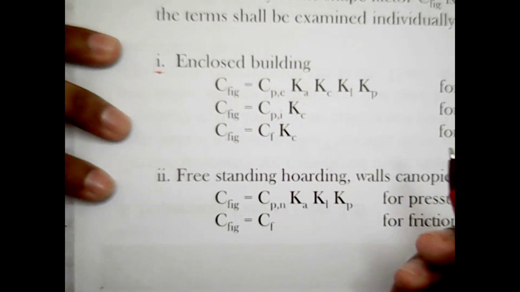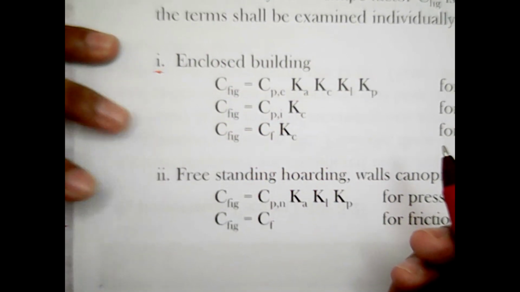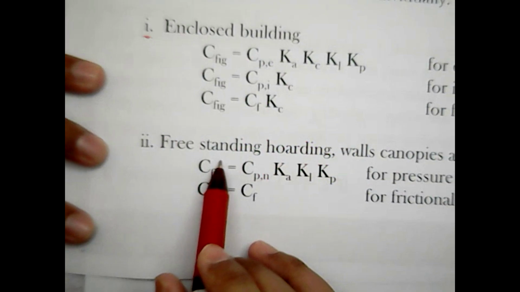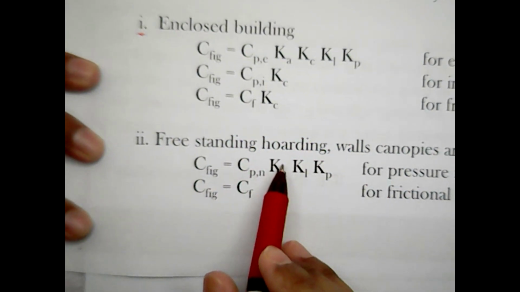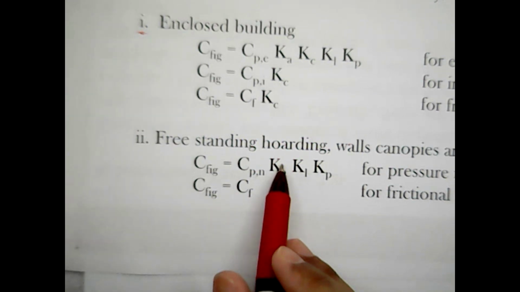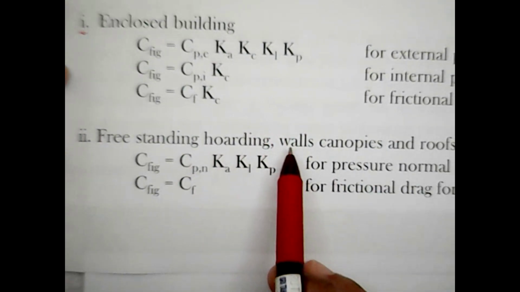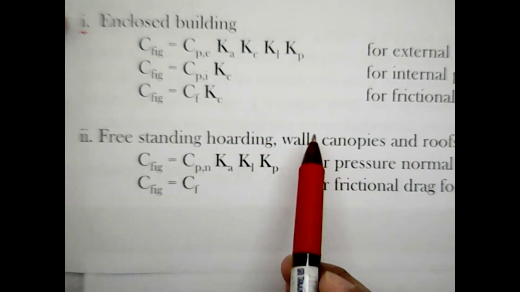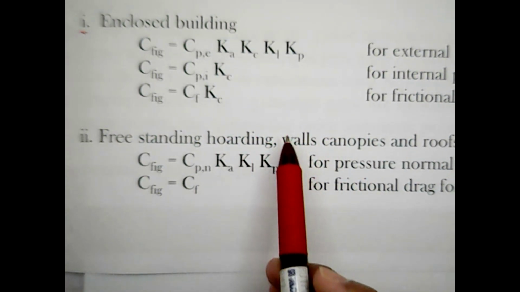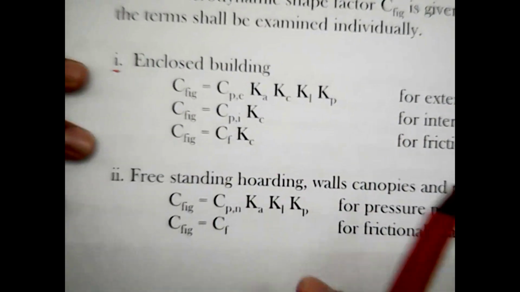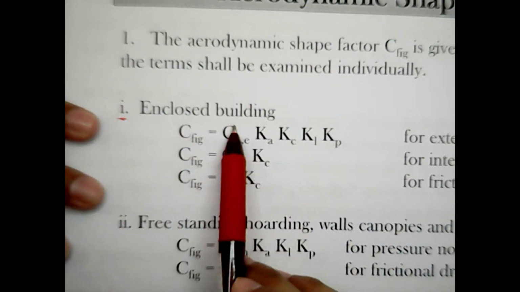Let's say we are designing a structure, for instance a signboard, which is categorized under freestanding hoardings, or when we have a kenduri and so on, we can have canopies and roofs, because we have to make sure that they are not flying during the event and so on. For our case, it is an enclosed building.